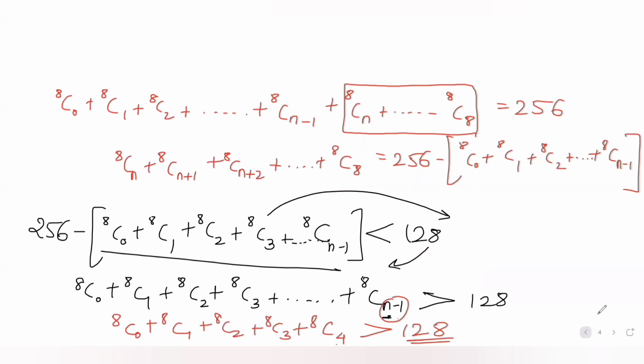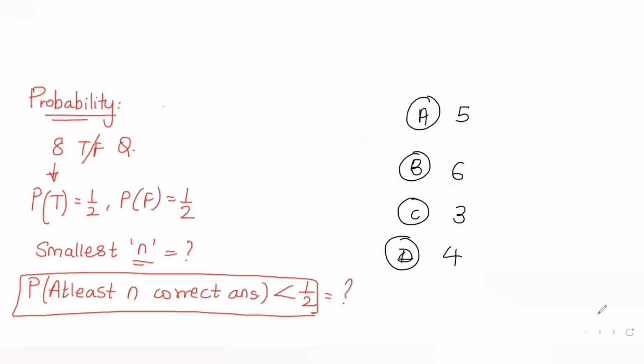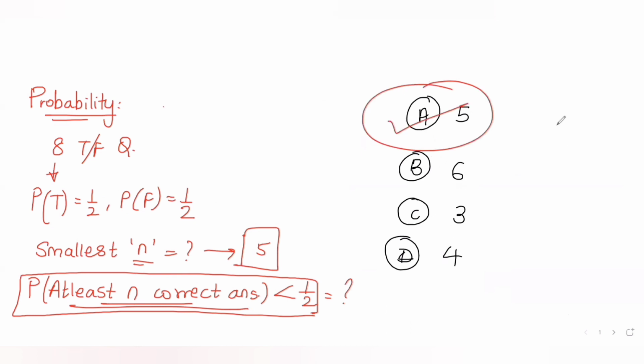And from there you get n is equal to 5. So you get that the smallest value of n that I should have to have probability of at least n correct answers less than half, the smallest value of n is equal to 5. And if you see the answer choice that matches here with the question, it is option A. So A becomes the correct answer for the question given to us.